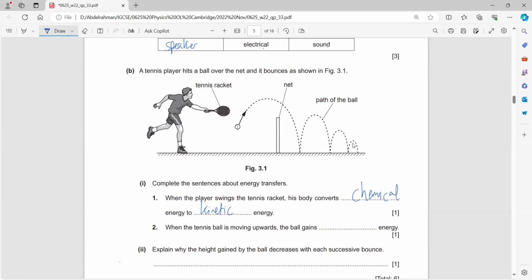When the tennis ball is moving upwards, the ball gains what type of energy? Gravitational potential energy. Right. Okay, nice.